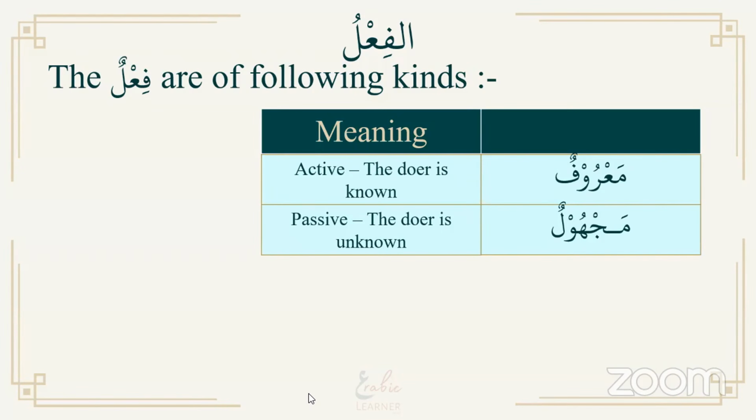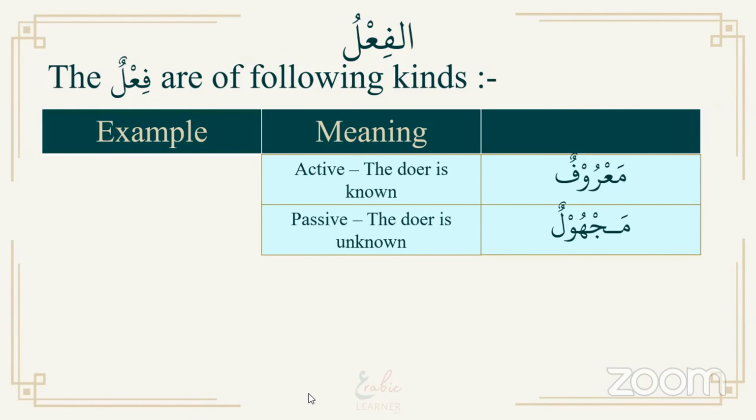The doer is unknown. For example, if I say fa'ala, I am saying he did. Though the fail is mustatir, hidden here, it gives the sense of he, meaning there is a doer here. So the doer is known, which is third person masculine.